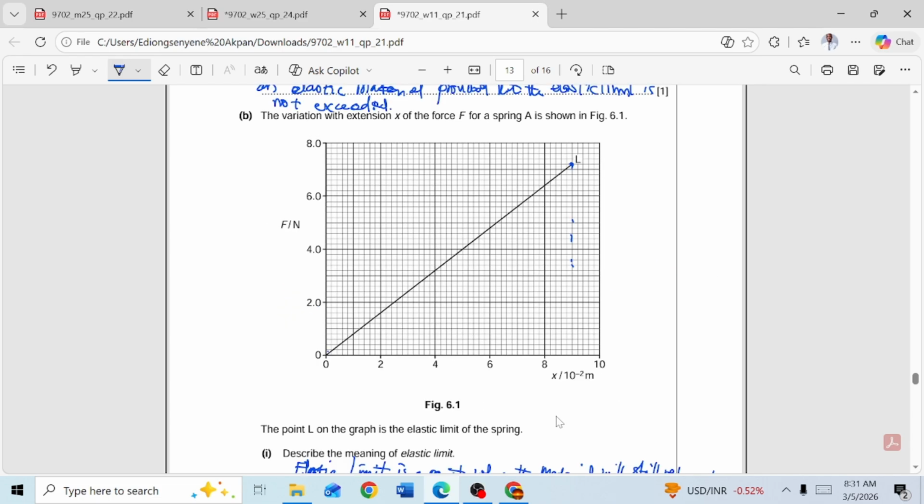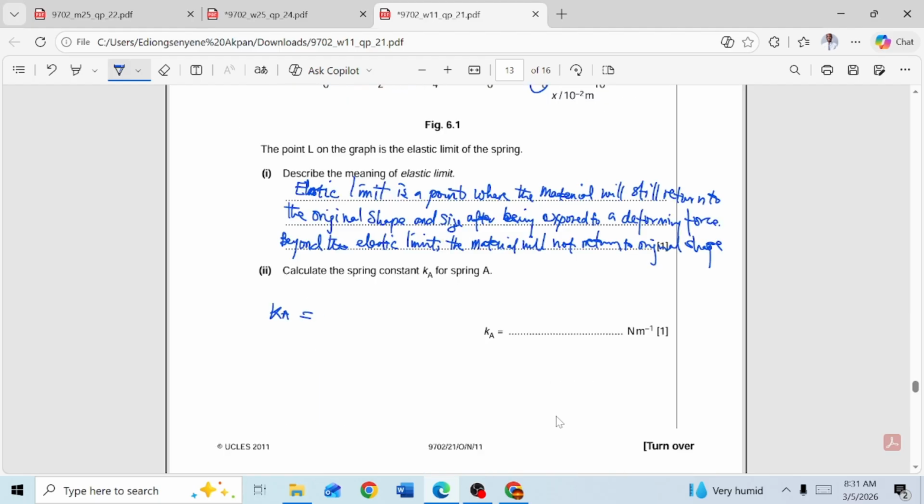Take note of that. Calculate the spring constant for spring A. For us to get the spring constant, we will get the gradient of the graph. Let's look at some points to pick out. We can use this and this, or we take the maximum. So let's pick where it is clear. We have 8 here, and this is 6, 7, so this will be 6.4. Spring constant equals change in force over change in extension.